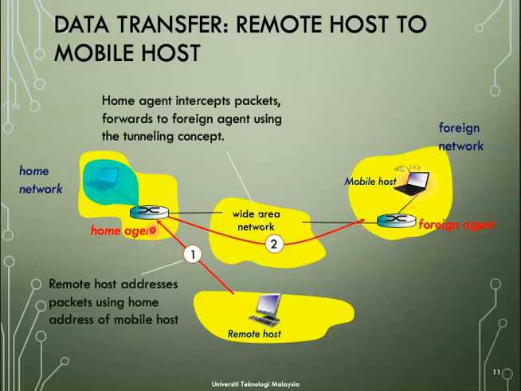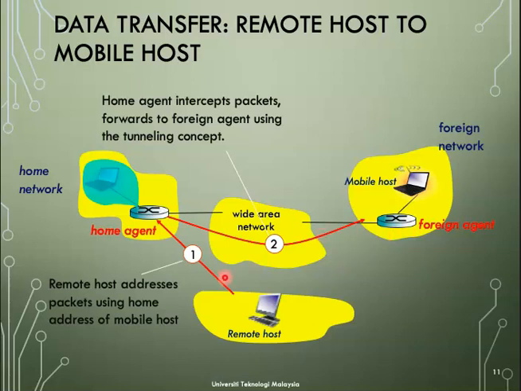The tunneling concept we have learned before in IPv6, in which the home agent encapsulates the whole IP packet inside another IP packet, using its address as the source and the foreign agent's address as the destination. So this is what is meant by the tunneling concept.